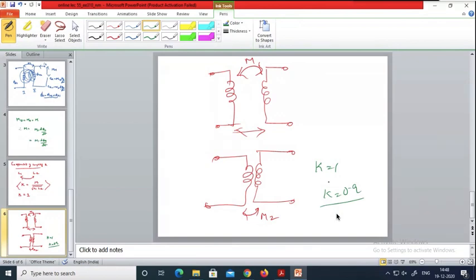And if K is equal to 0.2, that means only 20% of the flux generated in the first coil might link to the second coil due to its separation. So this is how the coefficient of coupling comes into the picture. This is the second concept.